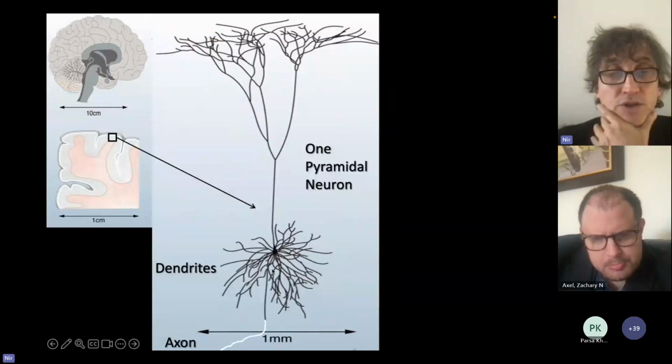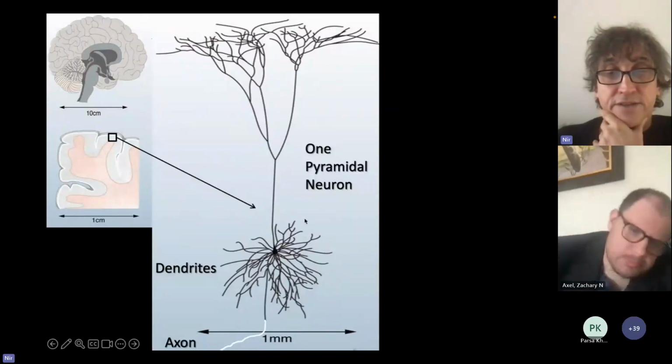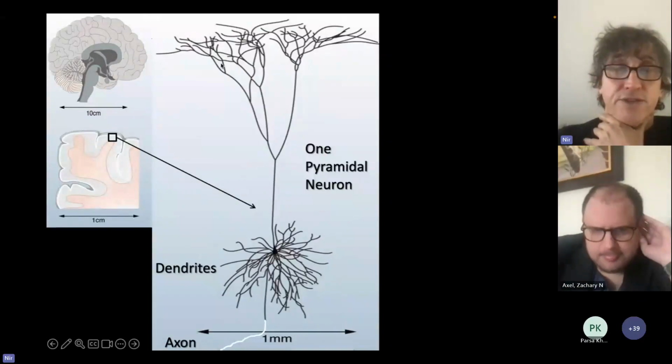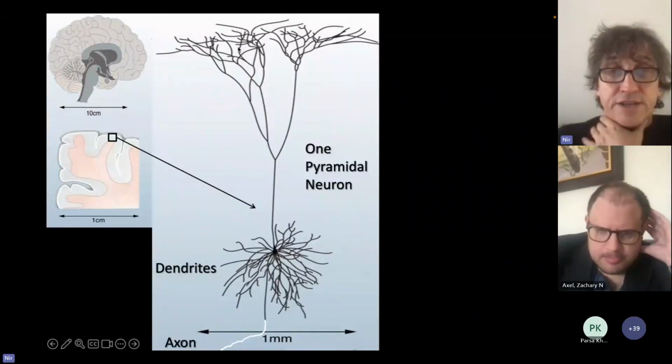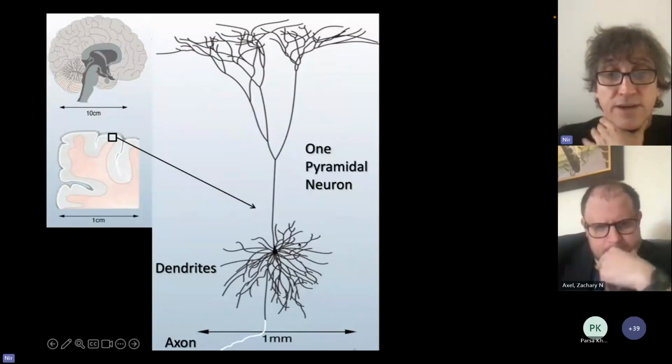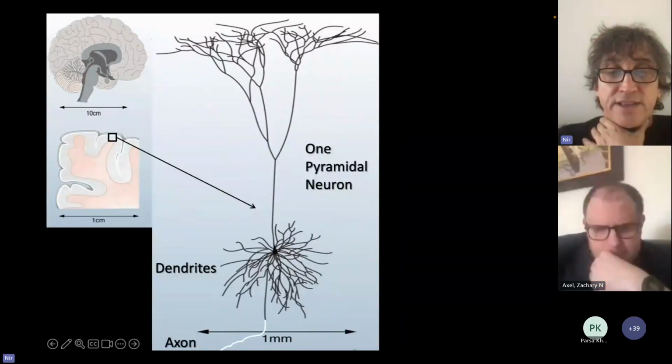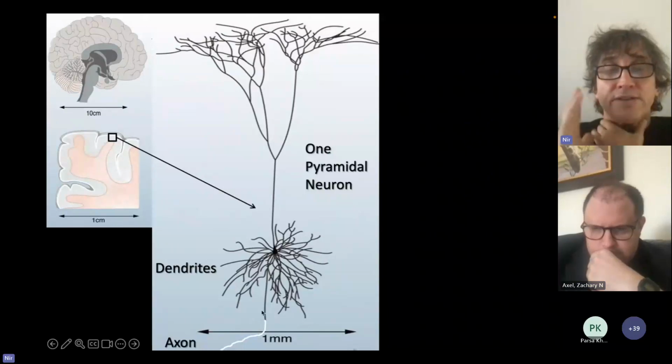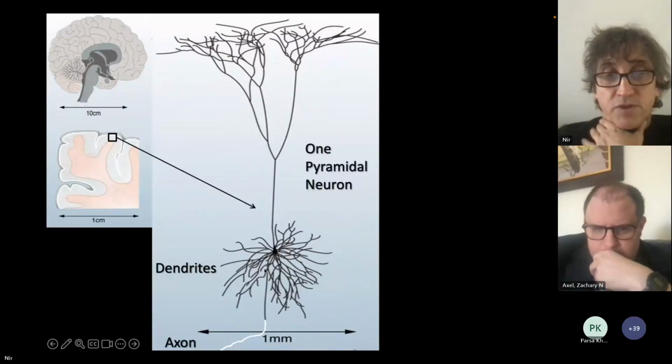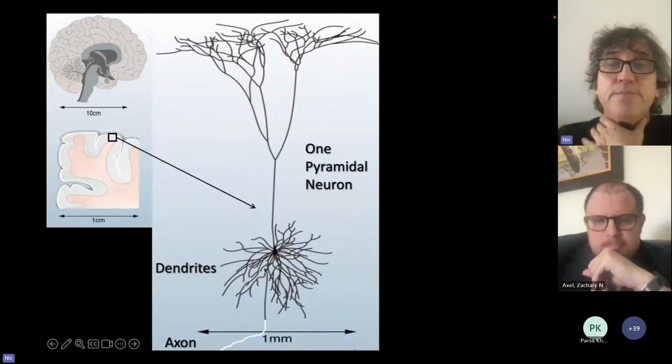You see the dendritic trees, one area of the basal area of the dendritic tree, and another area of the dendritic tree. All of these are receptors. And then you can see an axon that is going across the white matter to somewhere else in the brain. But let's keep going.